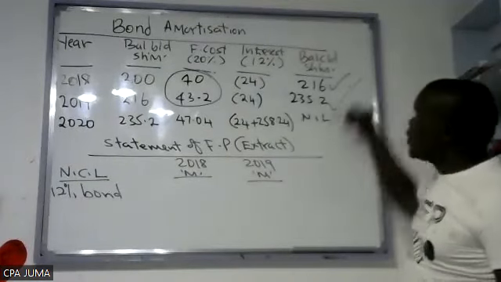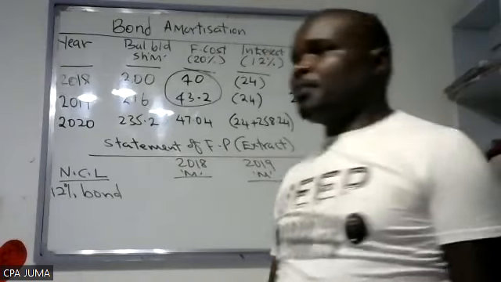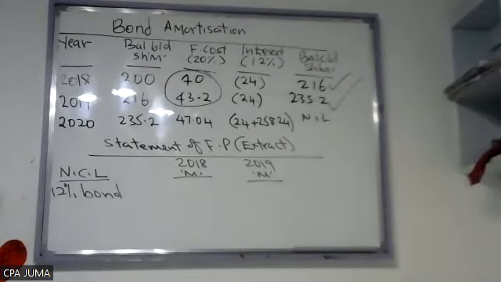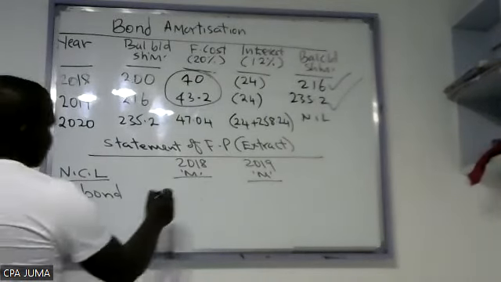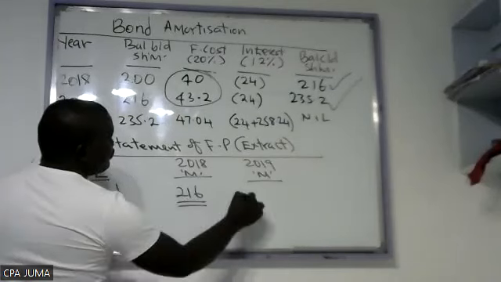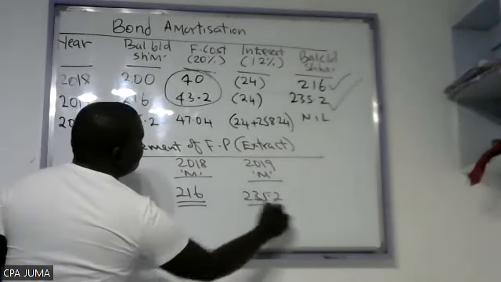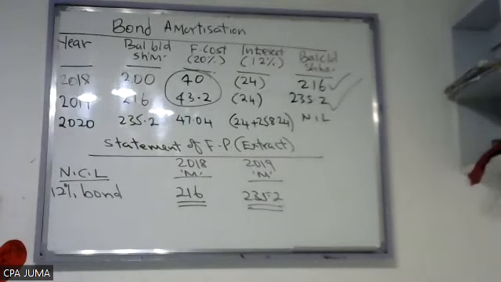So this one here and this one there, those two. So 216, 235. And you fully answered that question.